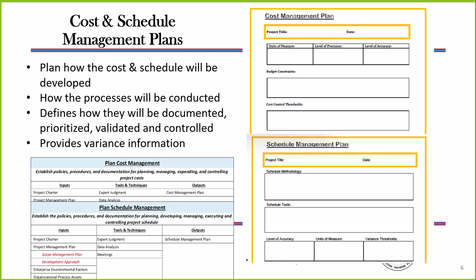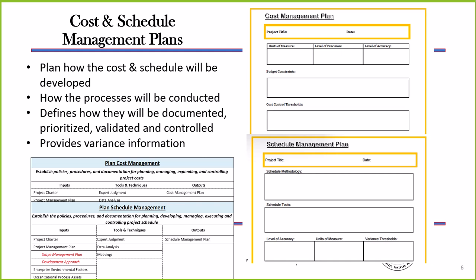Now we develop these early in the project, and they really tell us how to execute the cost and schedule, how to plan for them. And it tells us basically how we will control schedule, how we'll control scope, and how we will actually develop them. And it defines how they will be documented, how they'll be prioritized, validated, and controlled.